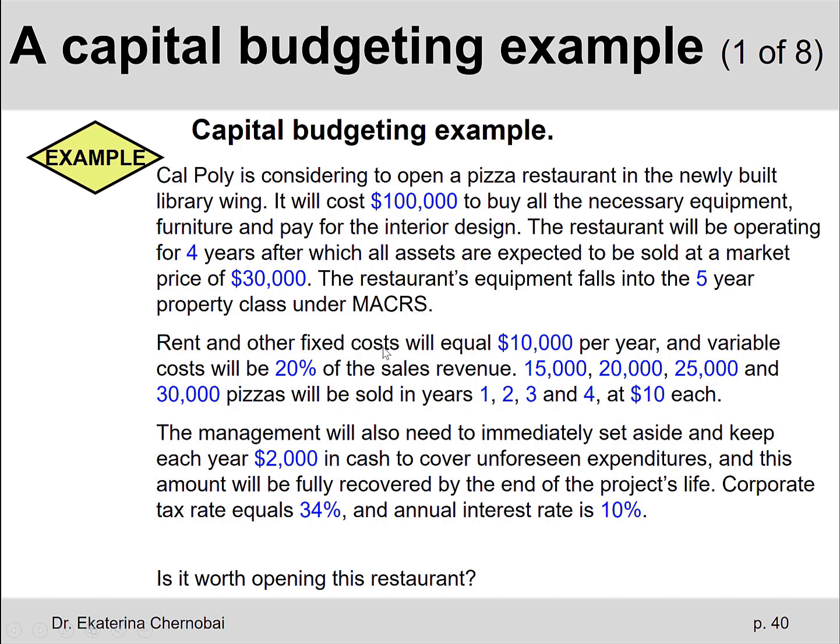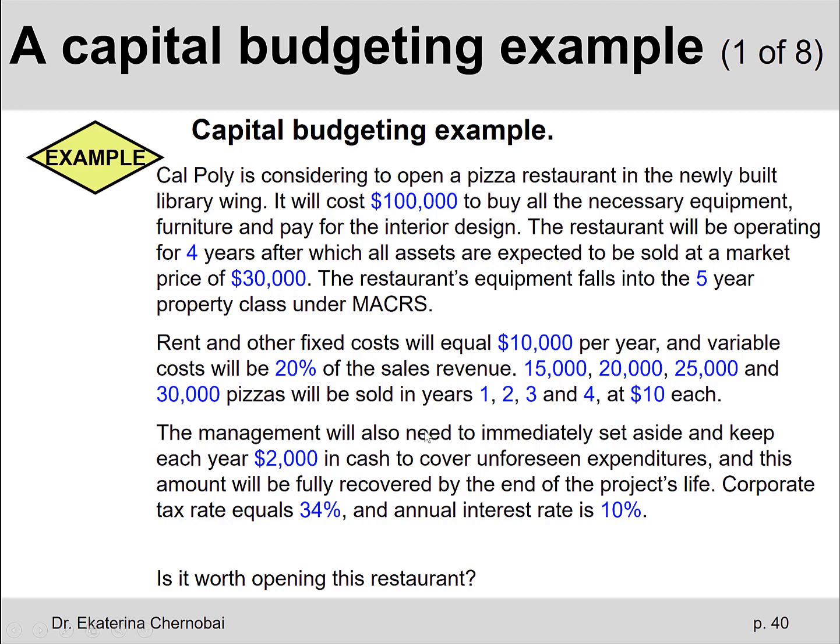Rent and other fixed costs will equal $10,000 per year, and variable costs will be 20% of the sales revenue. 15,000, 20,000, 25,000, and 30,000 pizzas will be sold in years 1, 2, 3, and 4 at $10 each.